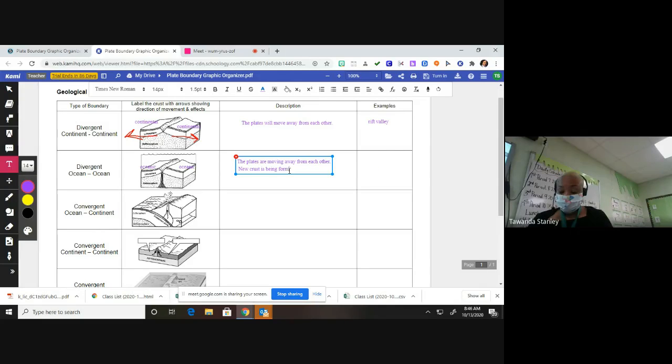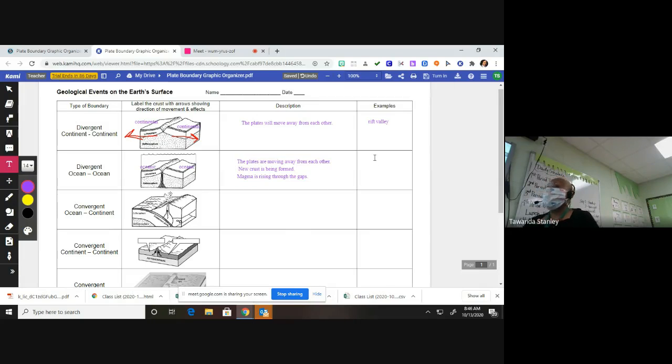is being formed. Okay. And then also with this part, you got to remember this is the part where the magma is rising through the gaps. Now, when we talk about an example for this one, it is going to be a mid ocean ridge.